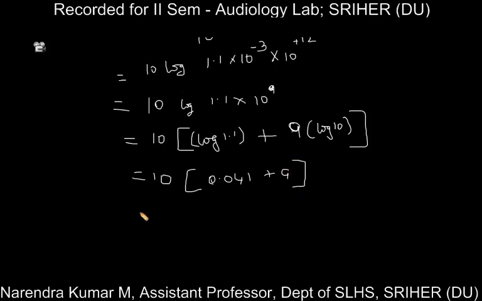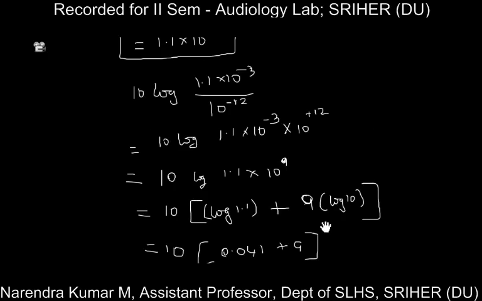So it is going to be 9, 9 into 1 is 9. 10 multiplied by 9.041. On solving this equation, the resultant value is going to be 90.4 decibels. 10 into 9.04 is 90.4.